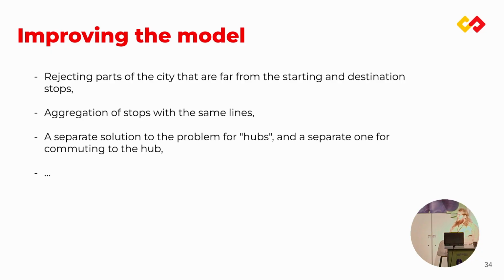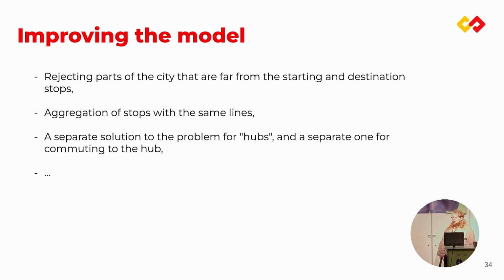But there are also some ways to at least slightly improve our model and make our approach more usable in production. First of all, we can reject some far parts of the city that we are not interested in, making sure that the path is the closest.